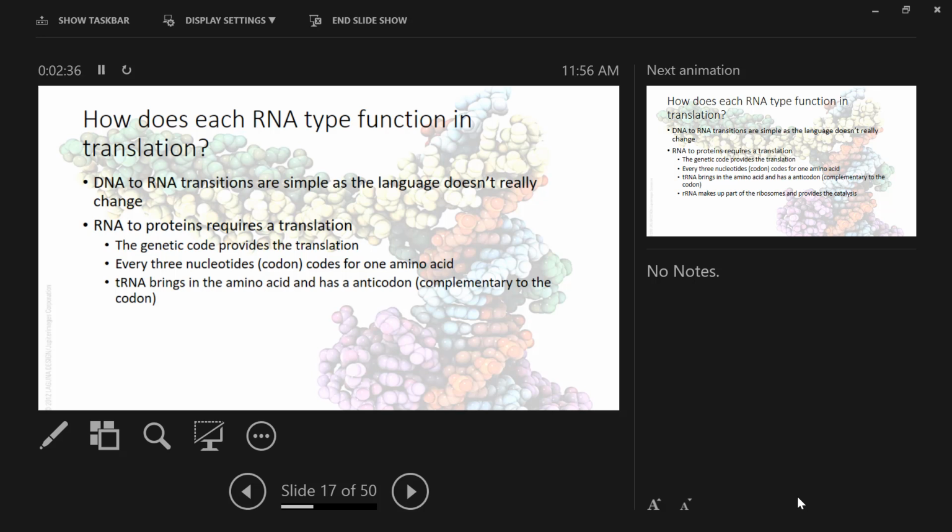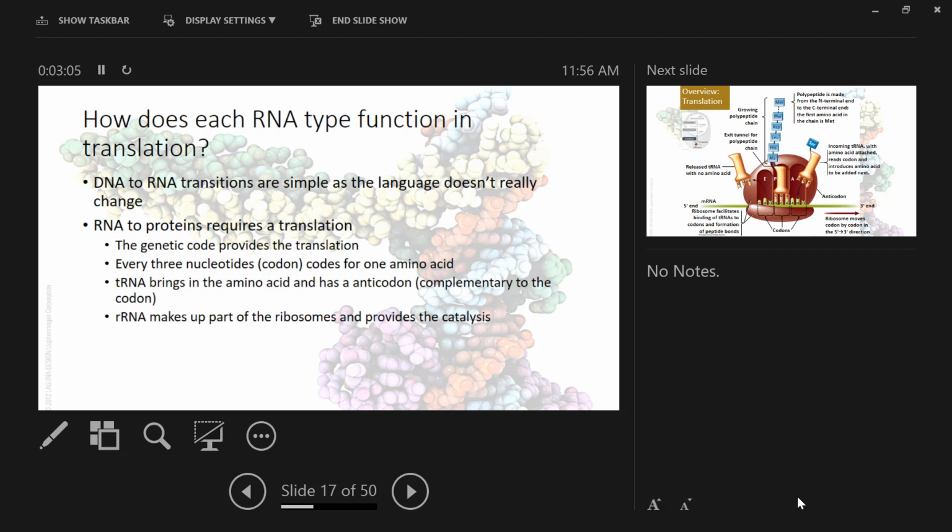And it does this because on one end of the tRNA, there's what's called an anticodon, 3 bases that are complementary to the codon. So codon is a string of 3 nucleotides that represents a word. The anticodon, a string of 3 nucleotides that is complementary to the codon, translates that word made up of 3 letters into a word made up of a single letter, your amino acid.